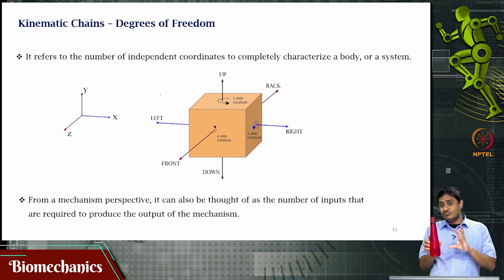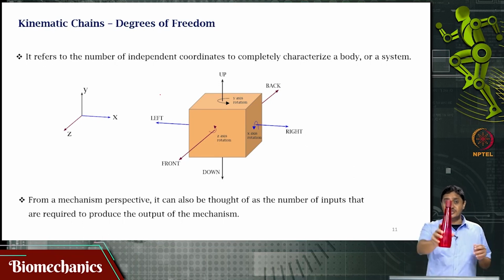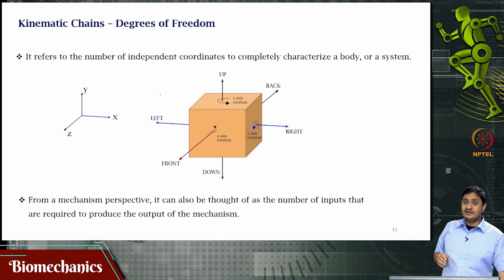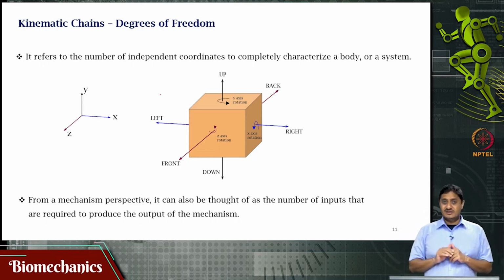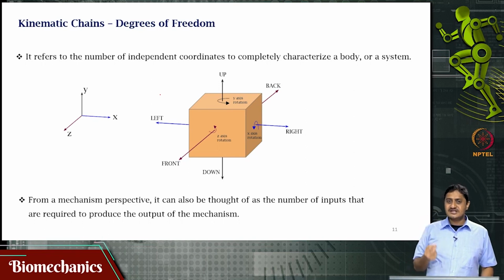These three motions are possible within this plane. Any other motion, for example this motion, is out of plane motion. So, if you are looking at planar movements, the number of degrees of freedom that this body will have is only 3: 2 translational degrees of freedom and 1 rotational degree of freedom.